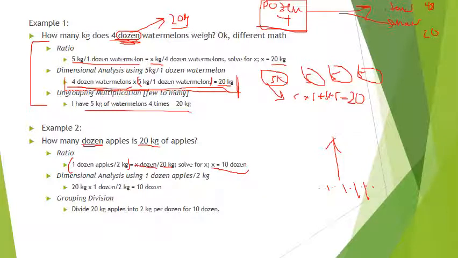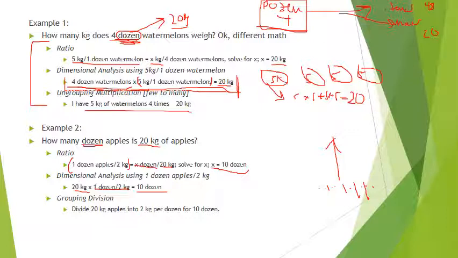So to use dimensional analysis, you have 20 kilograms, which you start out with, and the conversion factor is 1 dozen per 2 kilograms. Do the math, the kilograms cancel out, and you end up with 10 dozen, right?